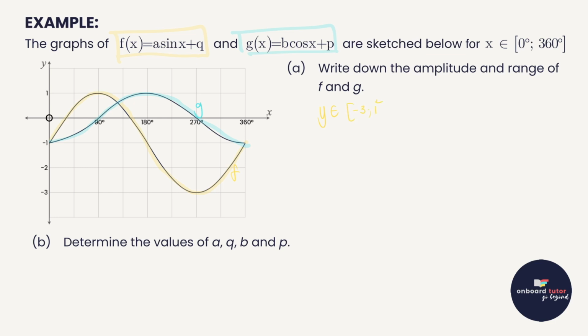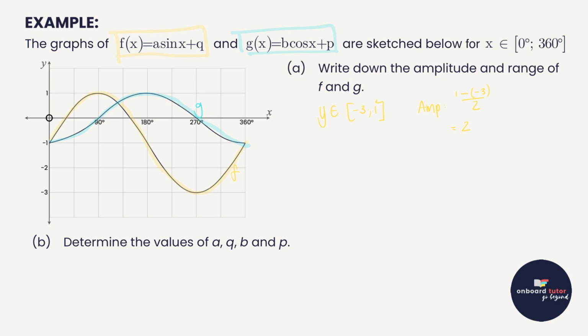That's our range. And then amplitude, we can use the max and the minimum. We can say it's maximum, so that's 1 minus the minimum, divided by 2. 1 minus minus 3 is the same as 1 plus 3. So 4 over 2, which gives us an answer of 2.